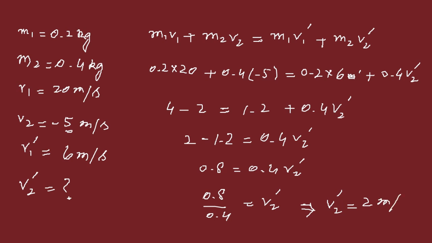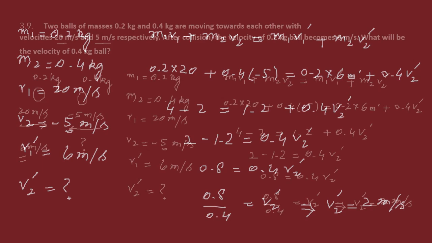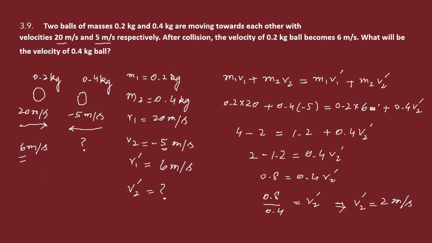It means that for the second body after collision, for example, if I draw here they are colliding, and after collision the first body moves with a velocity of 6 meter per second. Since it is positive 6 and we have taken the positive direction towards right, it means that it is moving towards right.